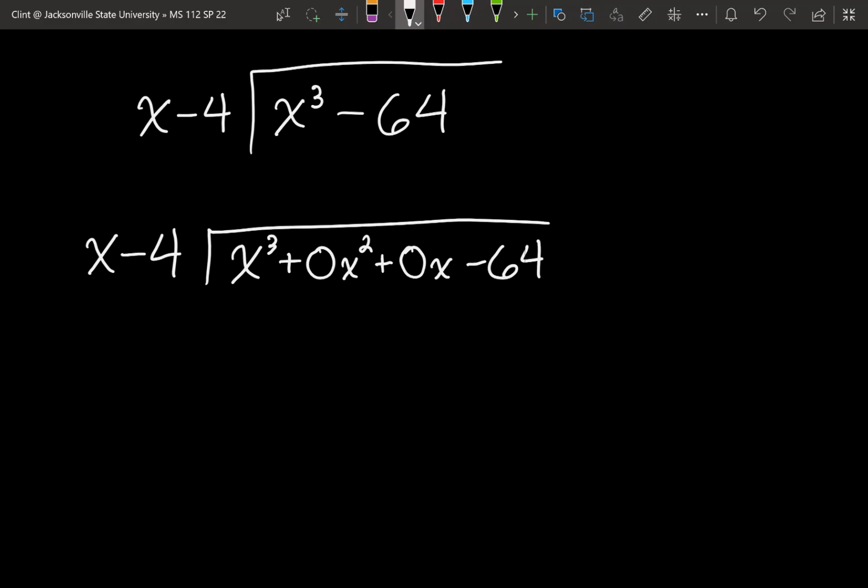If we were going to do this one, let's say, what should we multiply x by to get x to the third? That'll be x squared. X squared times x, x to the third. X squared times negative 4, negative 4x squared. So see, now that lines up underneath our placeholder and everything's where it needs to be.